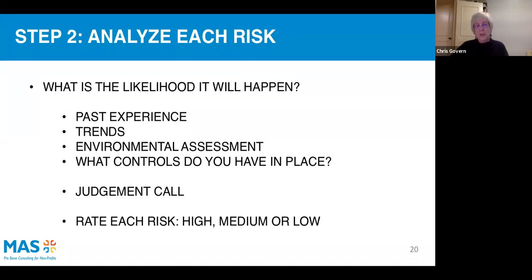So it's very much a judgment call, this likelihood that it would happen, and it depends on how you're currently monitoring that risk.